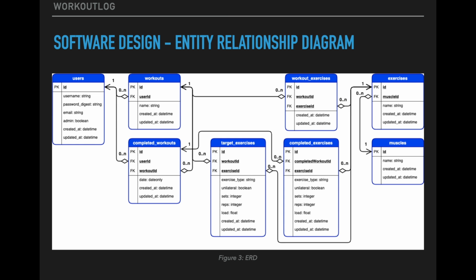So this is the entity relationship diagram for this project, and I touched on some of the resources already, but the main resources you have are the users, and then the users can create multiple workouts and the workouts serve as templates for the completed workouts.